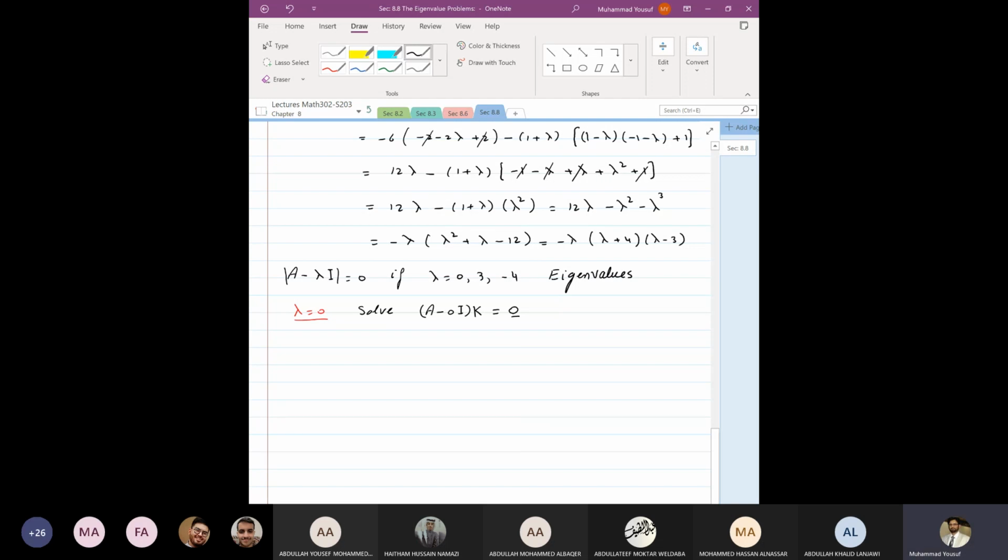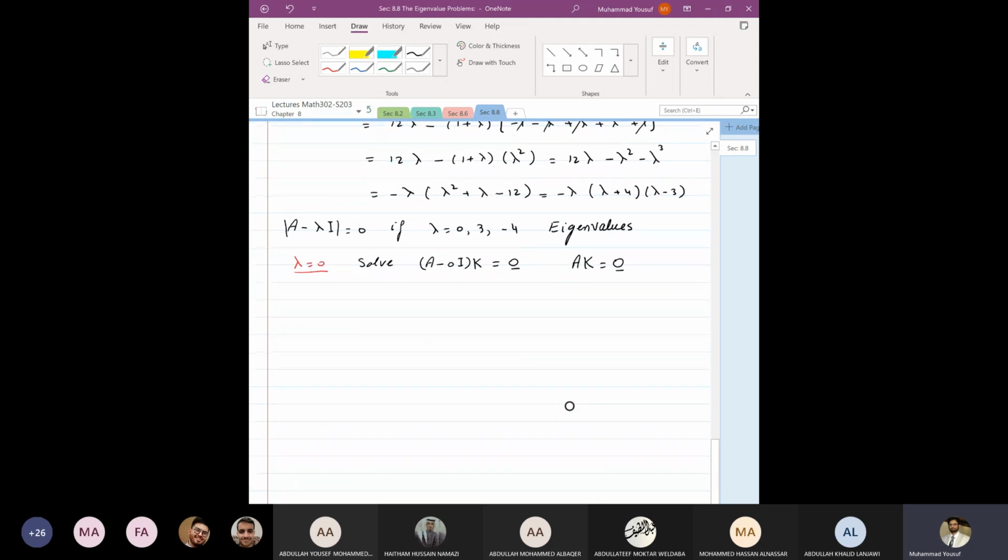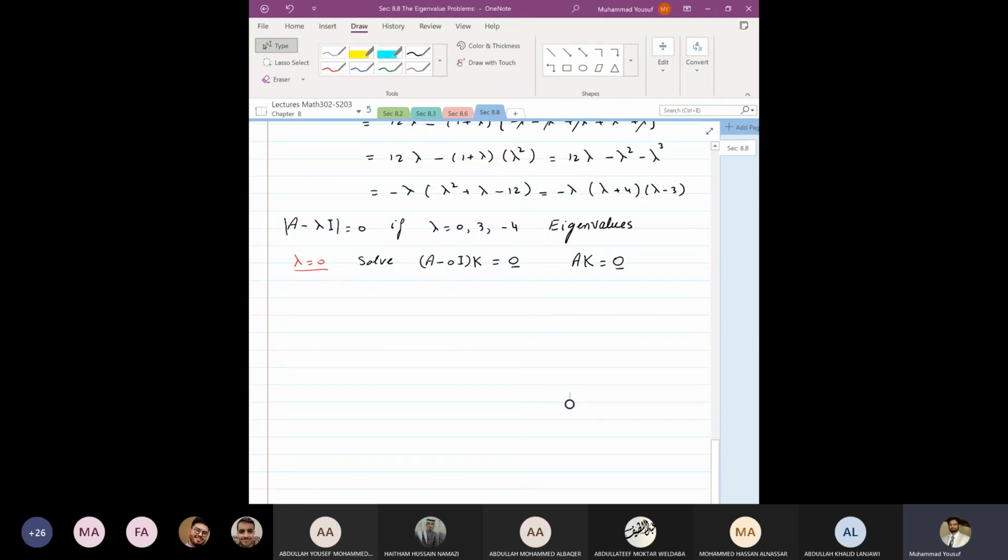By chance here the eigenvalue is 0, so it means we need to solve A k equal to the 0 vector. Now you can solve this maybe by using an augmented matrix.